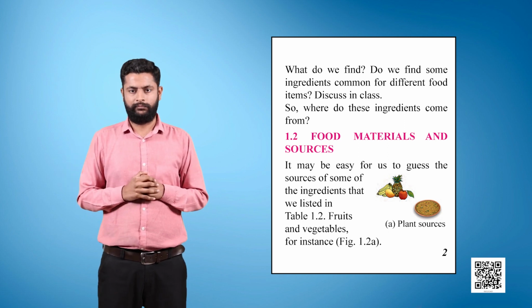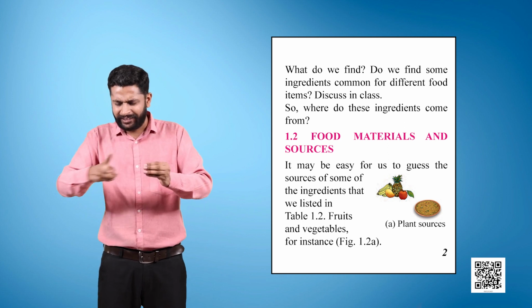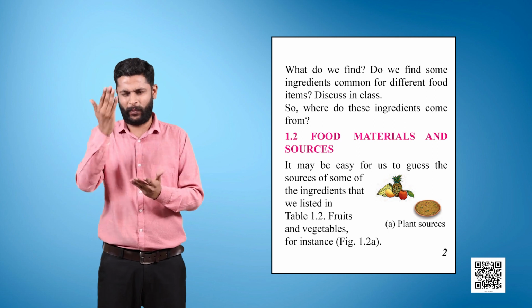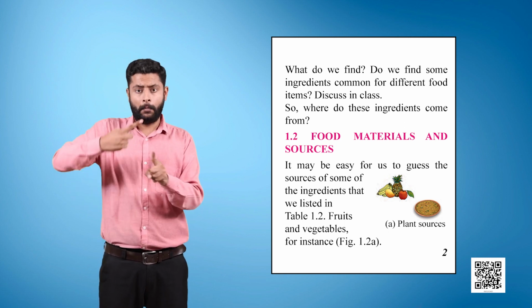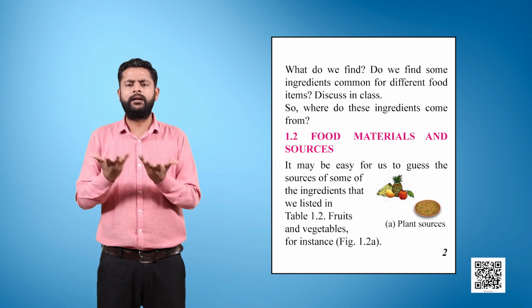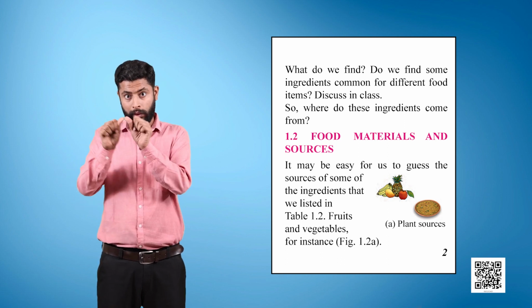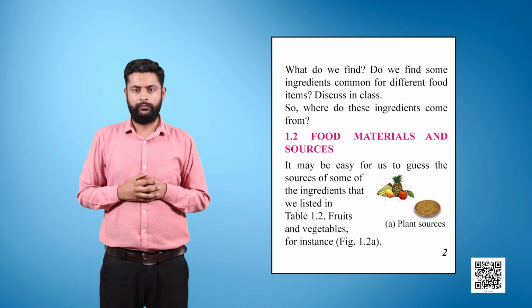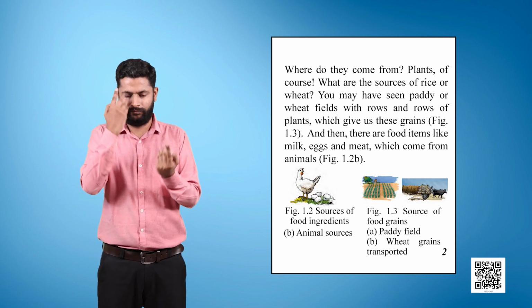It may be easy for us to guess the sources of some of the ingredients that we listed in Table 1.2. For instance, fruits and vegetables, Figure 1.2a. Where do they come from? Plants, of course.